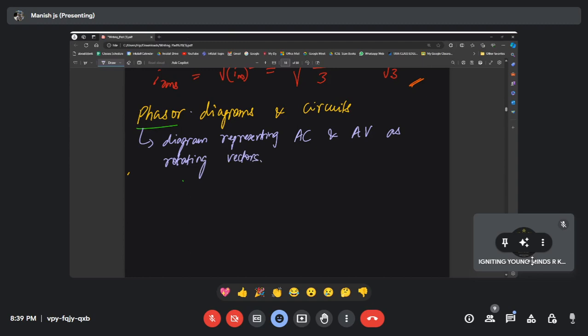That is what a phasor is all about. Now, how do you express them as rotating vectors? How do they do it in real time?